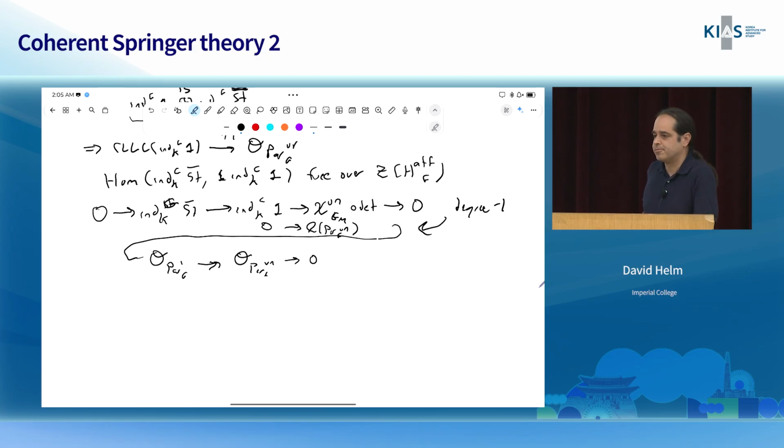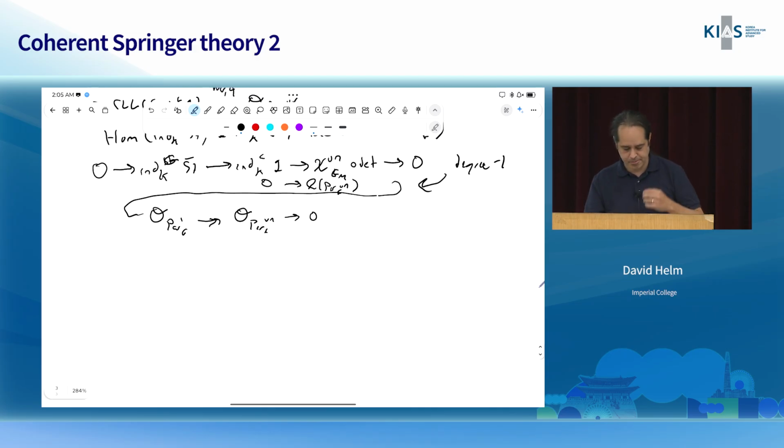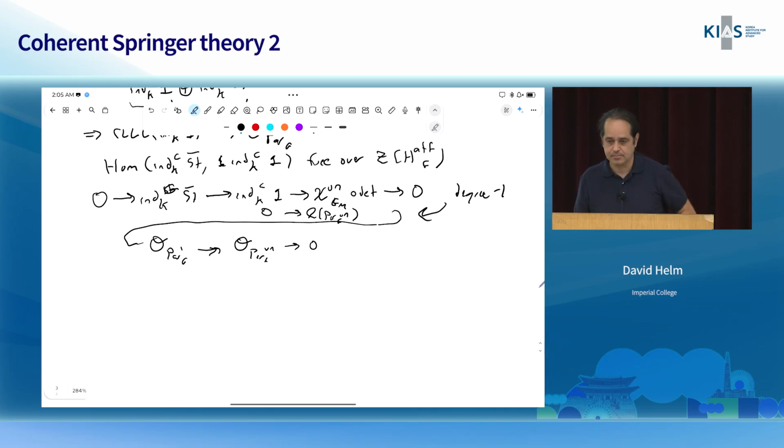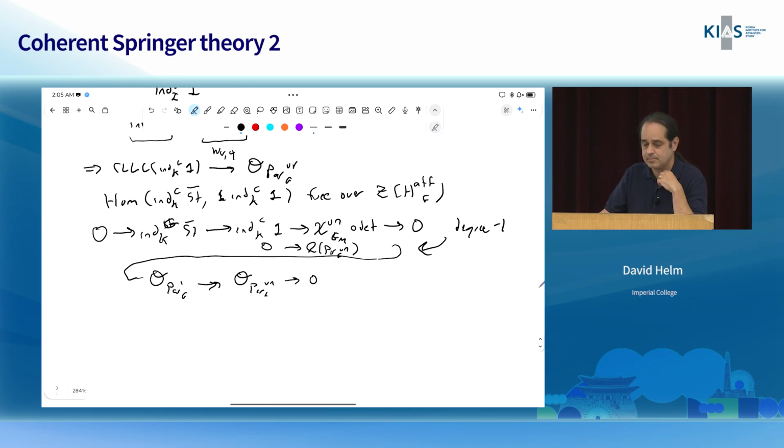But I don't know precisely what the statement is for groups beyond GLn. Is it just the rank, maybe? It should be minus the semi-simple rank. Yeah, that sounds vaguely plausible, for quasi-simple. Right.